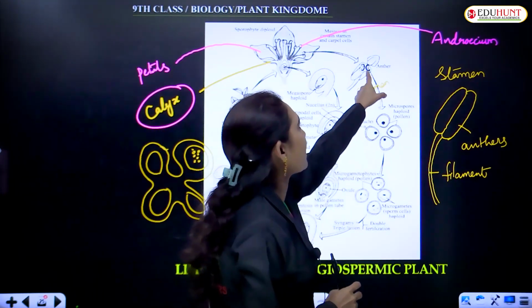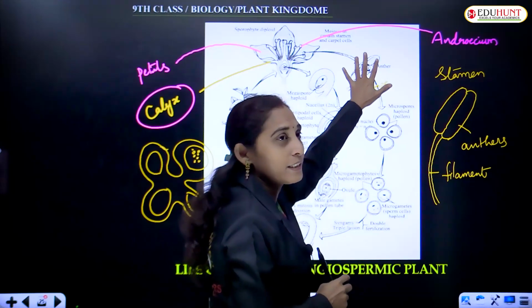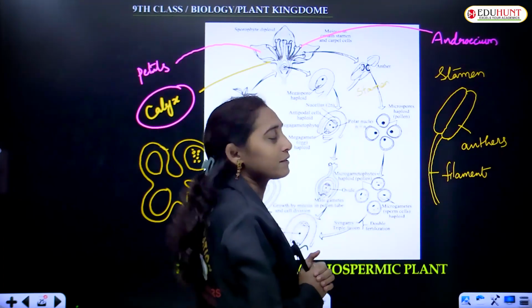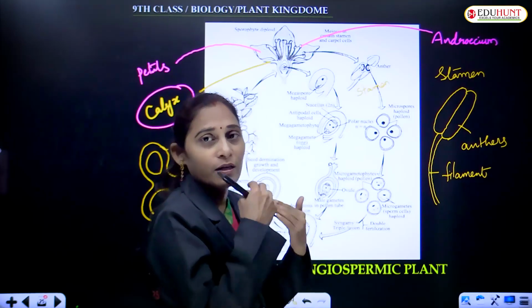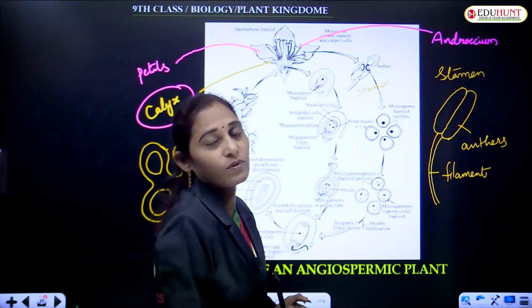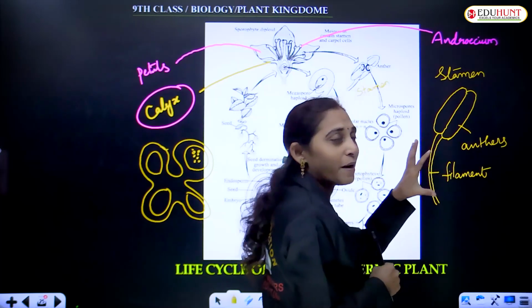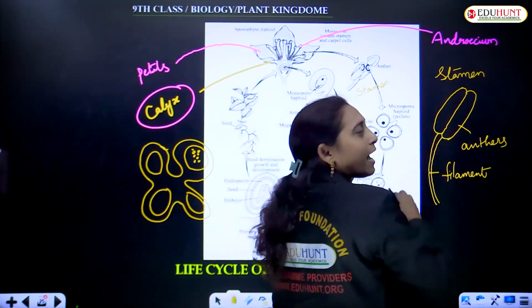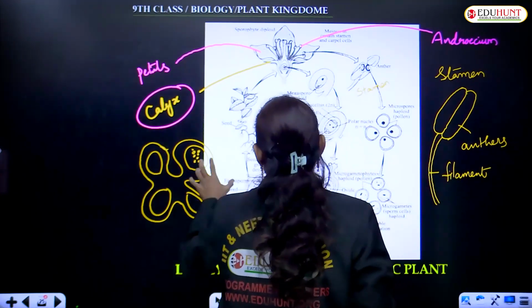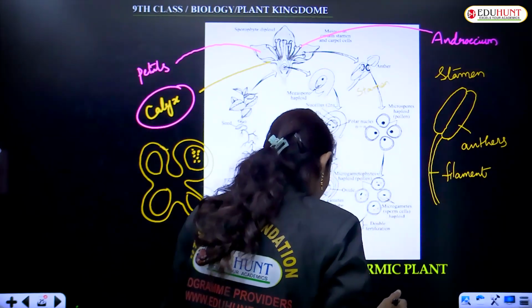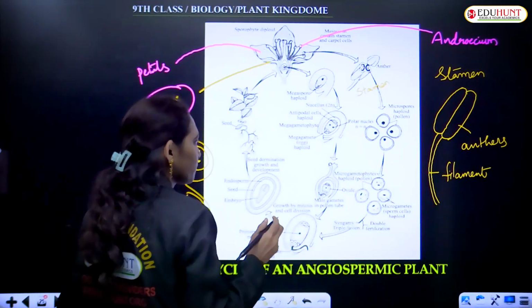These are the microspore mother cells present in the anther. The microspore mother cells undergo reduction division, that is meiosis. Where are the microspore mother cells? In the anthers here.